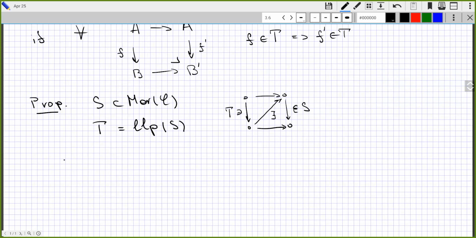And so what is the statement? Then the collection T is closed under pushouts.